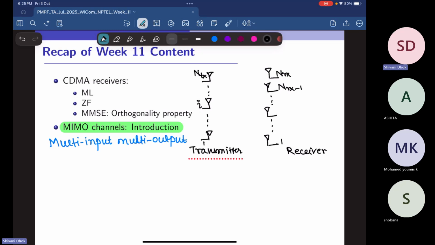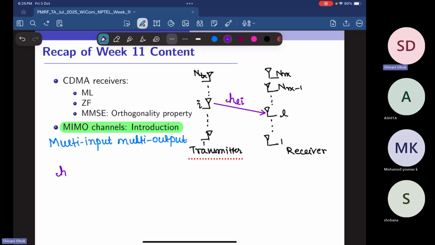Let's say this is the Lth antenna, and from each antenna I am transmitting signals over wireless channels. The channel between your ith transmit antenna and the lth receive antenna is given by HLI.